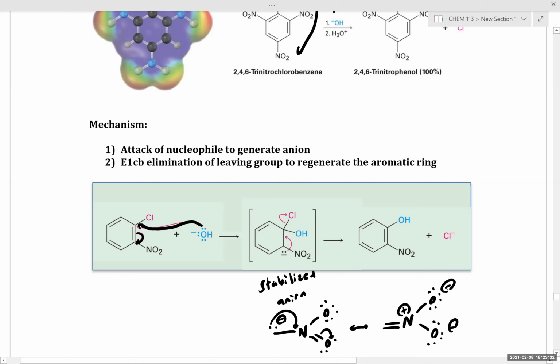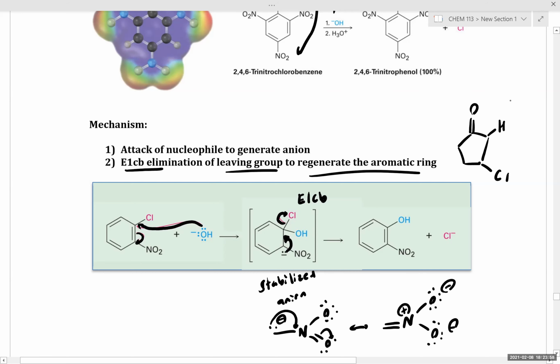So once we have our stabilized anion generated, the anion then initiates E1CB elimination of our leaving group to regenerate our aromatic ring. This is a textbook E1CB reaction. You may have seen this previously if you have, for example, a carbonyl with a leaving group at the beta position.